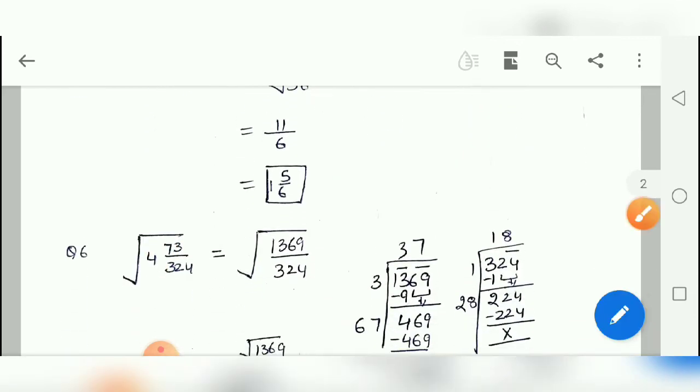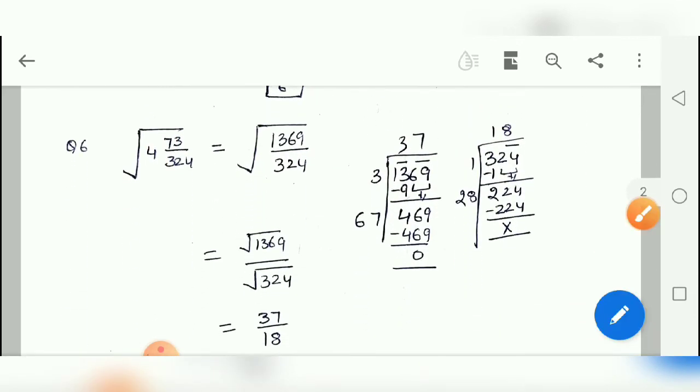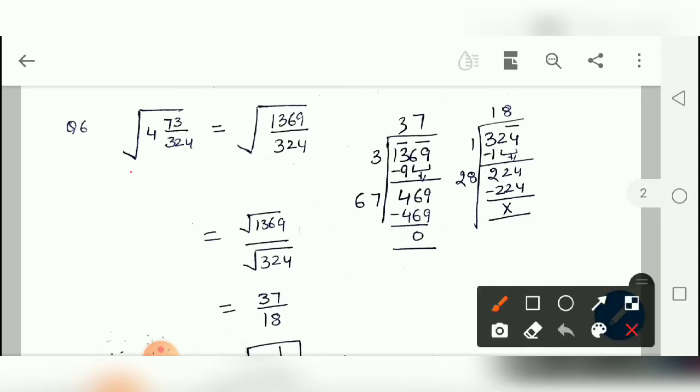Now the next question is, again, a mixed fraction. See here. Now this mixed fraction is converted into an improper fraction and the whole under root. This will become under root 1369 upon under root 324.